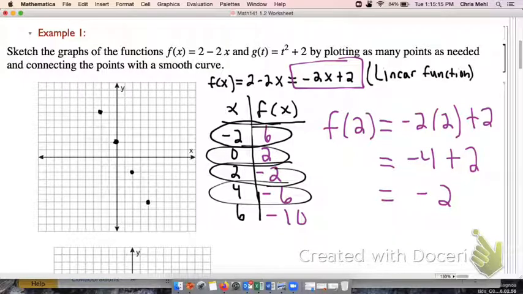And you notice that every time I go right 2, I'm just going down 4. There would be the final point. And again, I told you this was a linear function ahead of time. I think I've plotted enough points to convince you that the graph of this function ought to be a line.